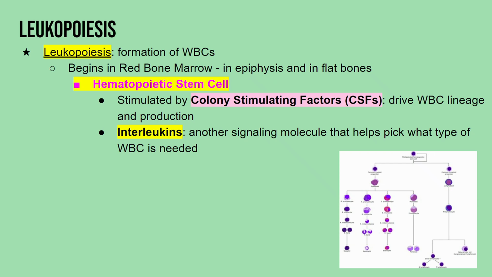So this drives or initiates the formation of white blood cells. And then interleukins are another important signaling molecule that help pick which specific white blood cell is needed. So it helps further specialize the type of white blood cell that's going to be made in leukopoiesis.